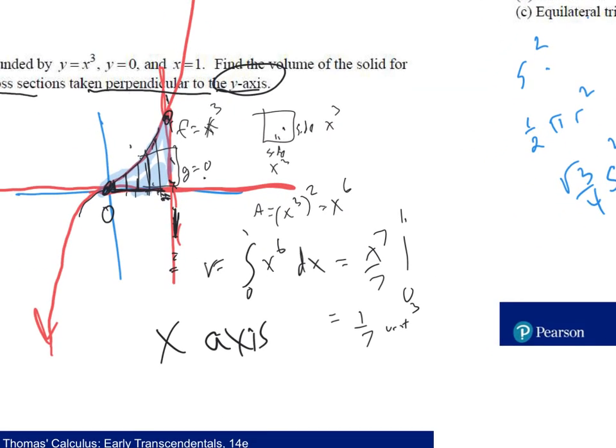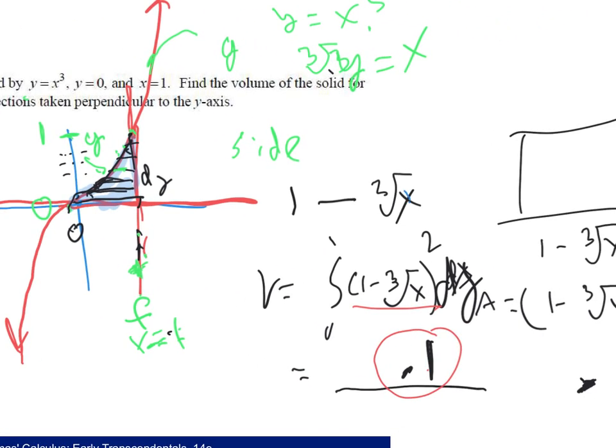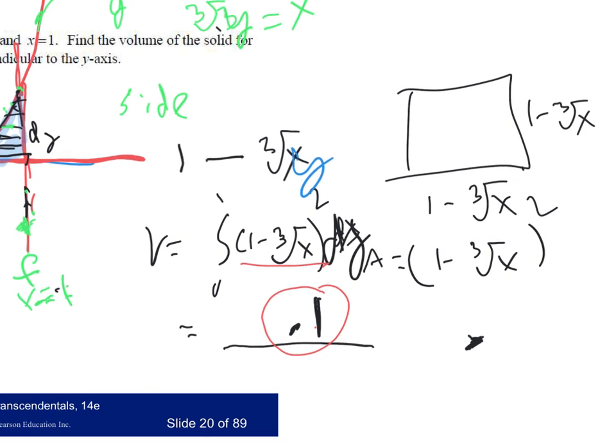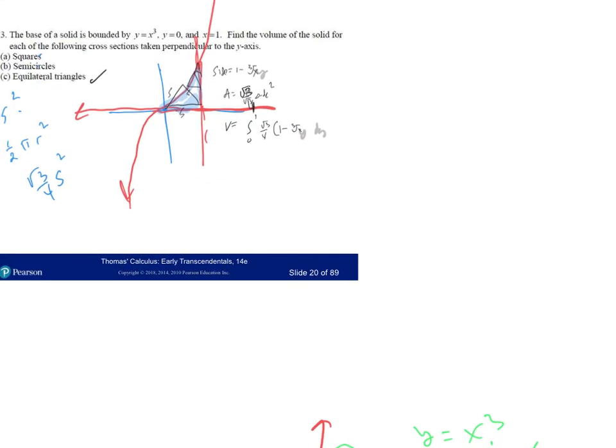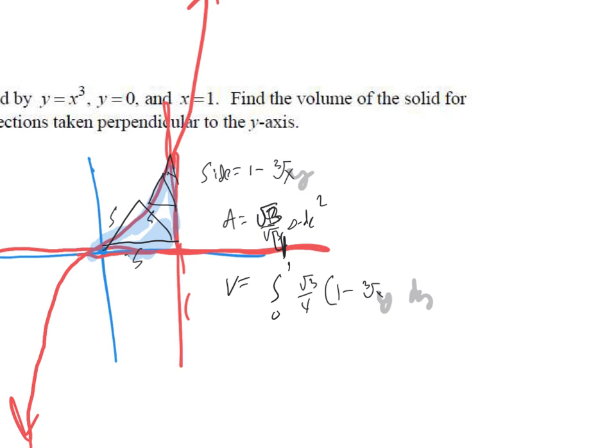That was doing the x's anyway. So then this one was cube root of y, cube root of y, cube root of y. Okay, I feel better now. Okay, doesn't really change anything. Matter of fact, when you use your calculator to integrate, you still use the letter x. So go figure.